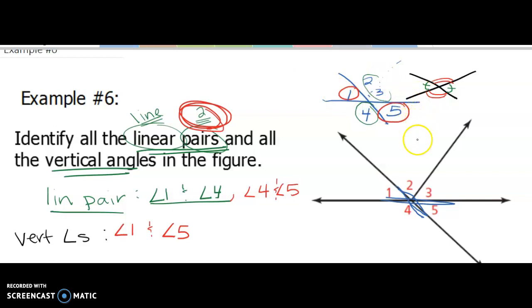That's not a pair, okay? 2 and 3 are across from 4, but you have to put these together to be exactly across from 4. So I know this can be kind of confusing, and as you do more homework, it'll make it a little easier to understand. This is the only vertical angle pair we have, just 1 and 5. That's it.